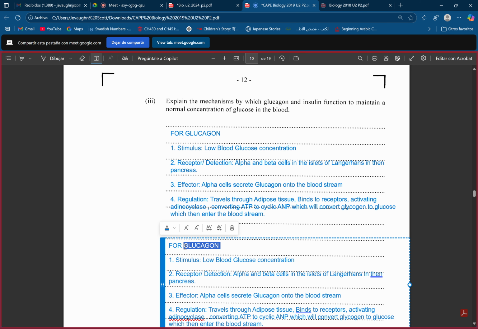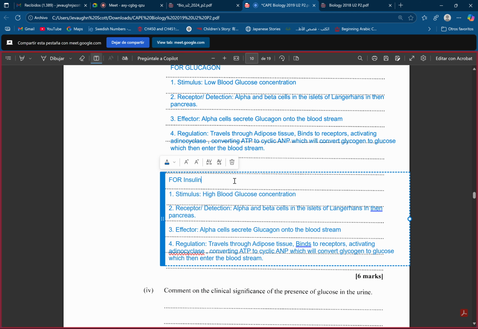All right. So let's change this up now. So we do for glucagon, right? So for insulin now, what are the differences? The insulin would now be high blood glucose, right? Okay, so we should put that hyperglycemic. Yes, hypoglycemic.